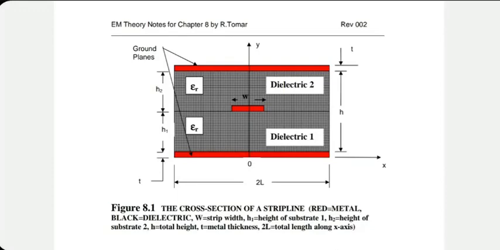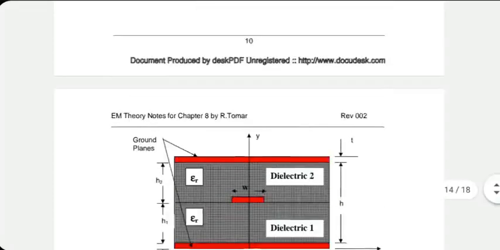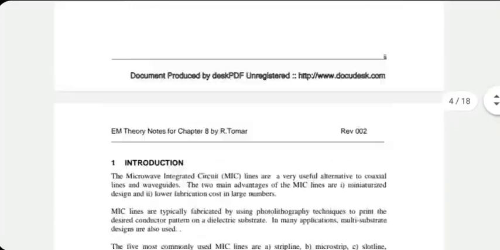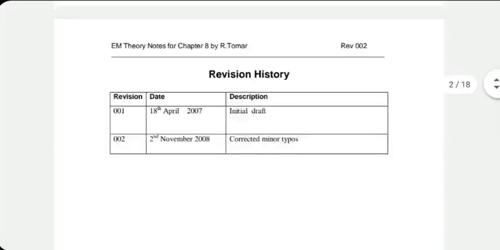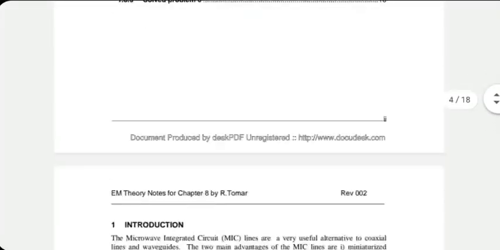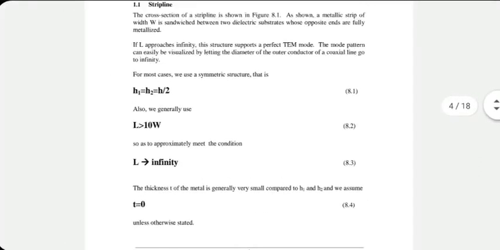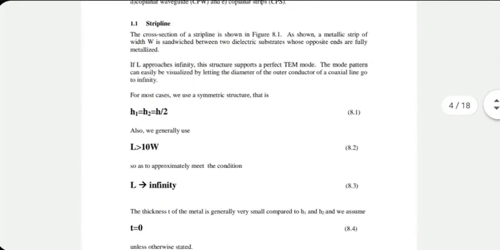That means no EZ and no HZ, only EX, EY, HX, and HY do exist. We'll be going more into the analysis in a different document. So that is what is written here in this document.